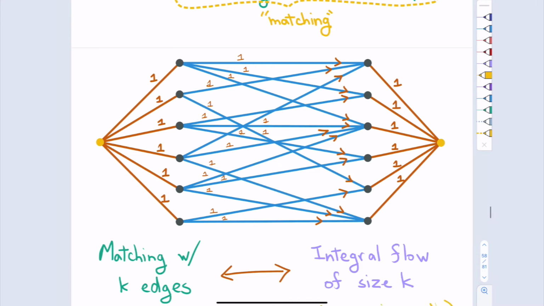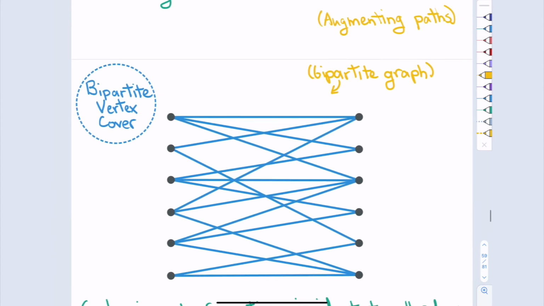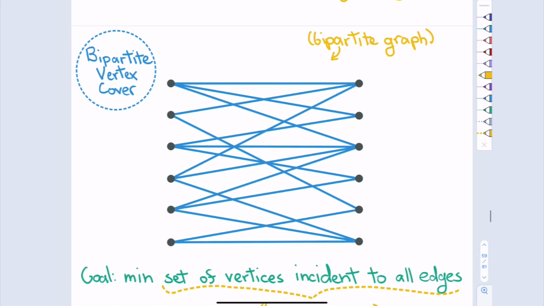All right, fun? How about vertex cover? It's a little weird because we're no longer doing a max problem, we're doing a min problem.